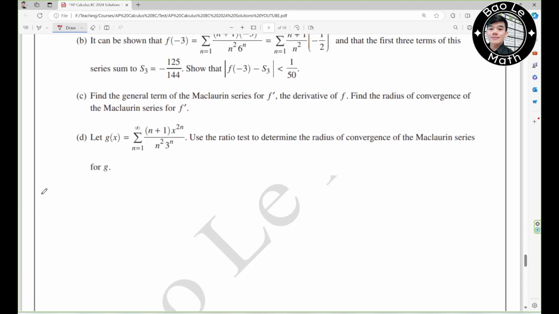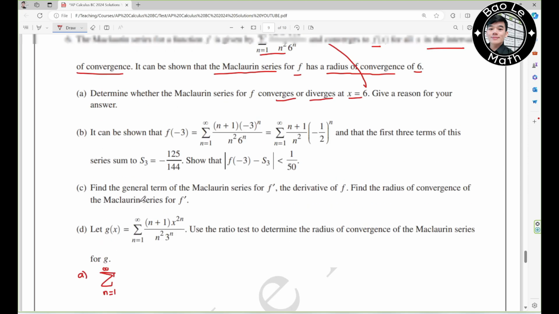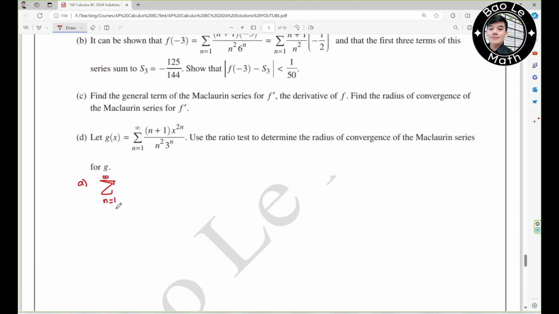Alright, so we have question A. The sum n goes from 1 to infinity n plus 1 times 6 to the n over n squared times 6 to the n.